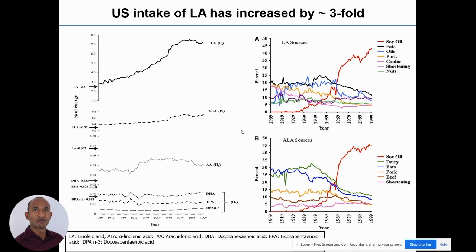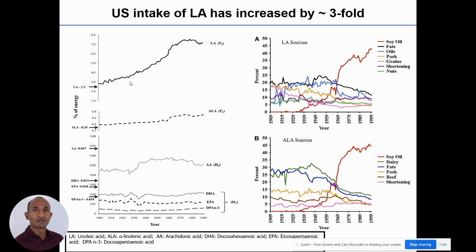So if you look at this figure on the left side, just look at the top graph here, where on the y-axis you have the percent LA intake, and on the x-axis is time, historic levels of consumption. So you can see that in the early 1900s, LA was at about 2% energy consumption level.